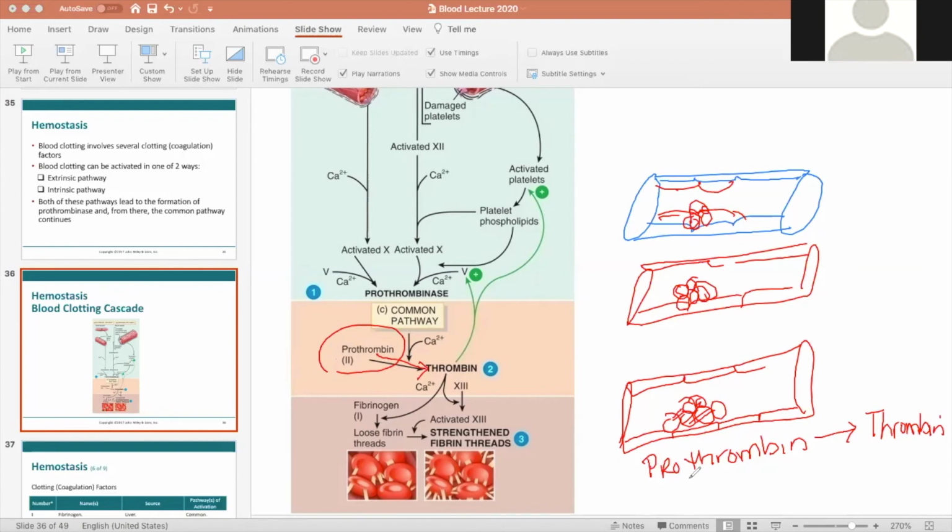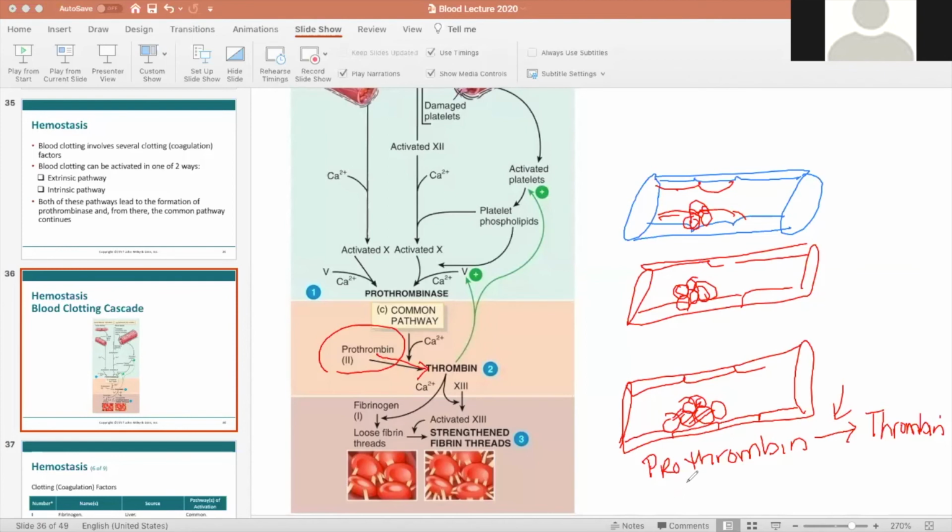So this is inactive, but this is active. So we need it to convert to thrombin. And the way that it does that is it has an activator, all right? So you see this here? We see that we have prothrombin activator here. Right, so prothrombin is going to convert to thrombin.